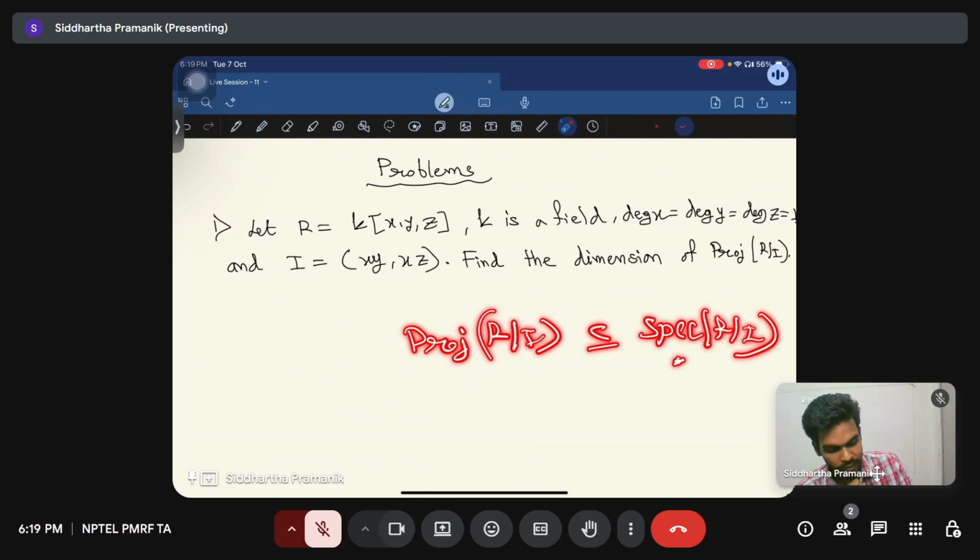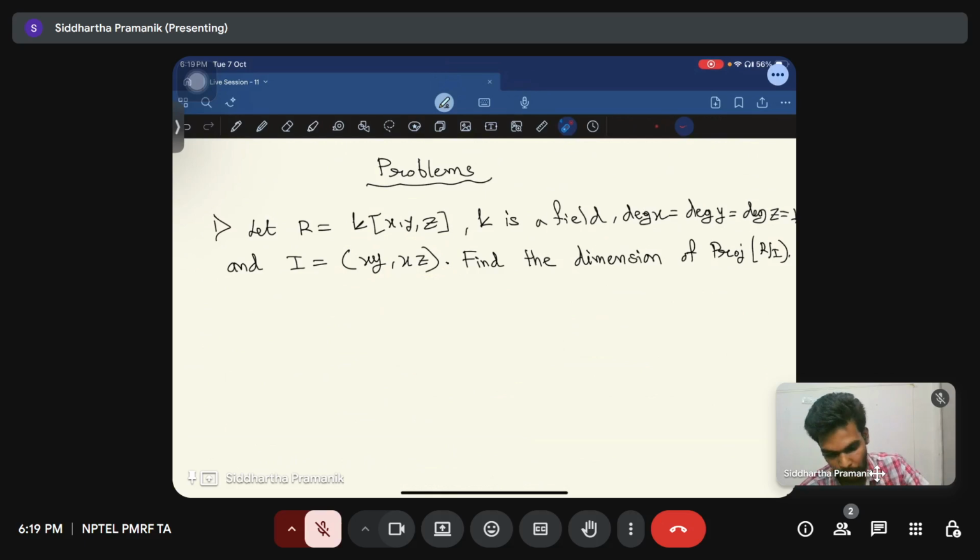So we need to find the dimension of Proj of R mod I. So how to do this one?